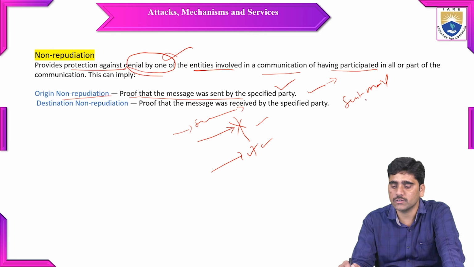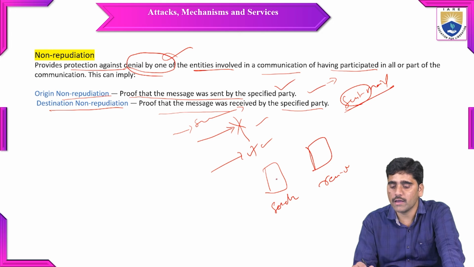That is nothing but proof of origin, proof that the message was sent by the specified party. That is origin non-repudiation. And destination non-repudiation: proof that the message was received by the specified party. So he is the sender and he is the receiver. The sender has the proof of the message that was sent, and the receiver has the proof of the message that was received from the sender.